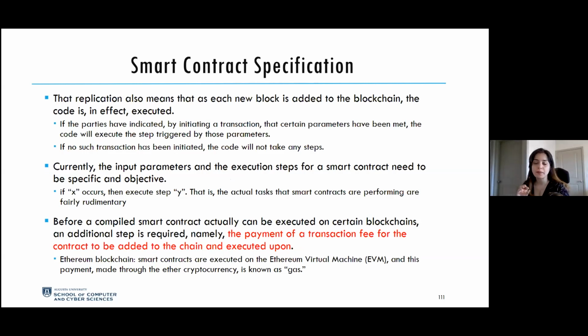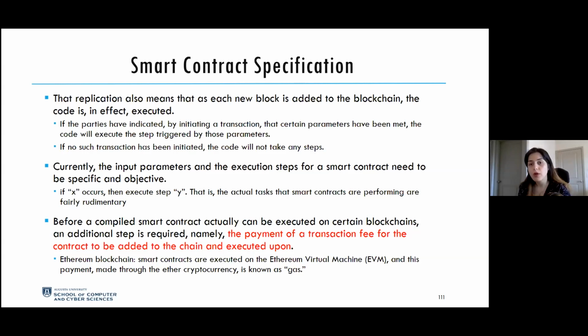Since it has the same structure as the blockchain, the smart contract, when it's distributed among the nodes, will be replicated in all the nodes, in different places. So any transaction to activate the smart contract can be done because all the nodes have a copy of your smart contract.